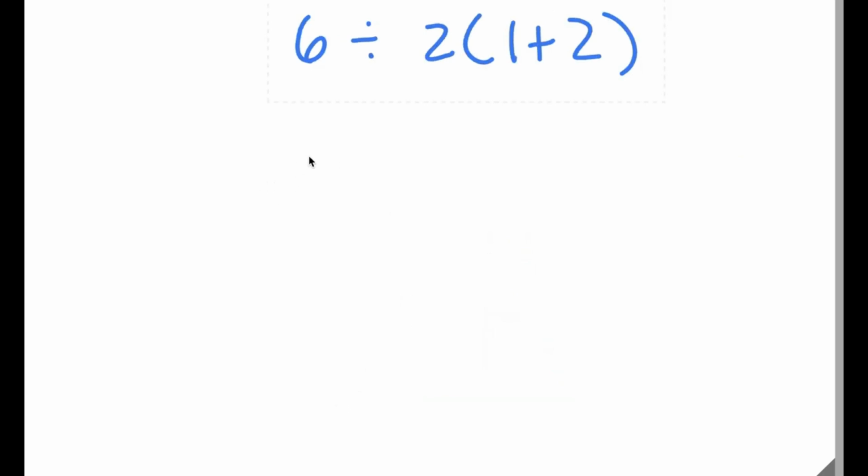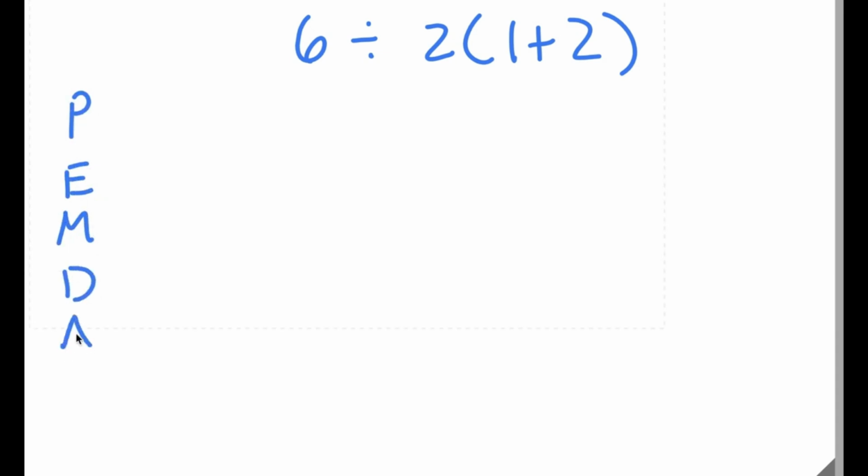Alright, so in this problem, I have 6 divided by 2 times 1 plus 2. And this is actually a very simple algebraic problem that many people actually get wrong. So to solve this, what I'm going to use is PEMDAS.